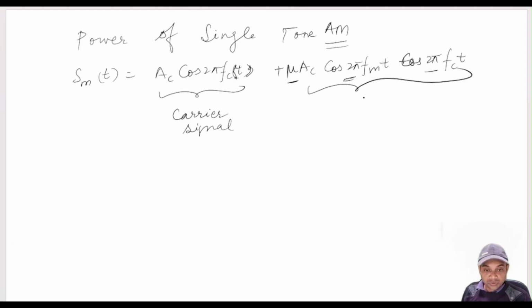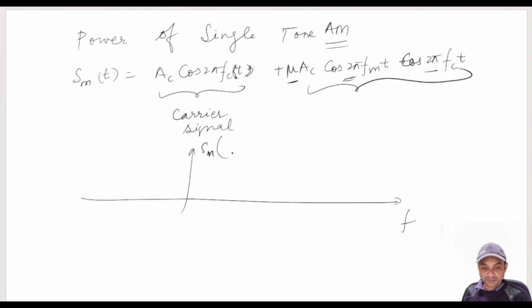And if we draw this in the frequency domain, we can draw like that: this is our f, this is S(f), and this is for fc and minus fc. What will be the amplitude of that one? That is Ac by 2.